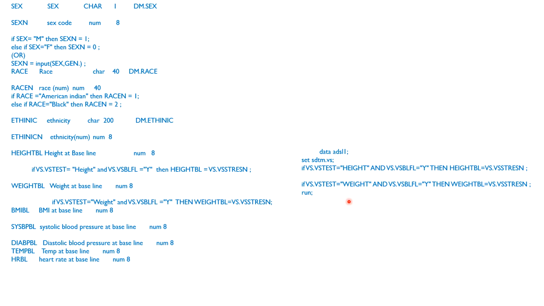Okay. In the same way, weight, and the same way BMI, systolic blood pressure, diastolic blood pressure, temperature baseline flag, heart rate baseline flag, all variables will be derived in this format. Okay, so here directly we can write in the same way. Then finally we need to merge with the main domain. Okay.